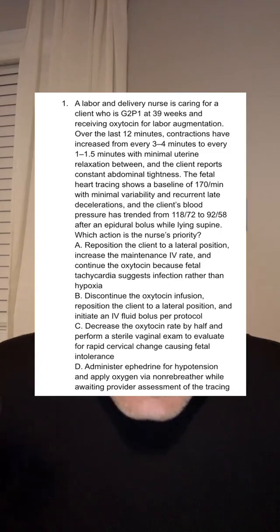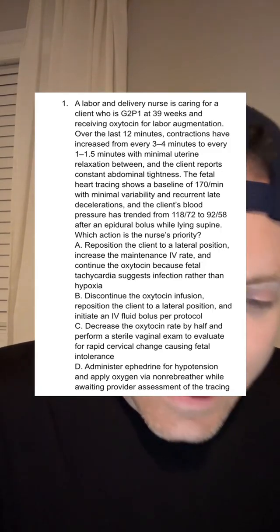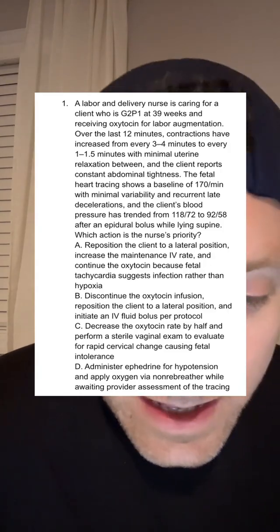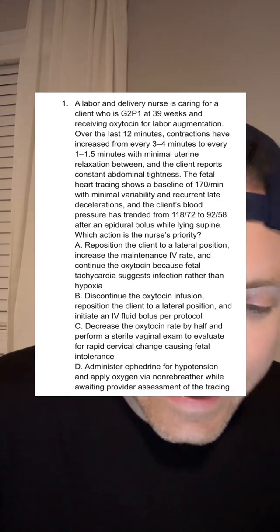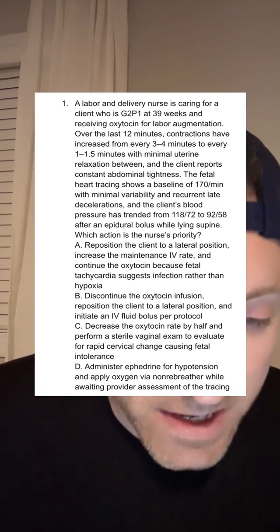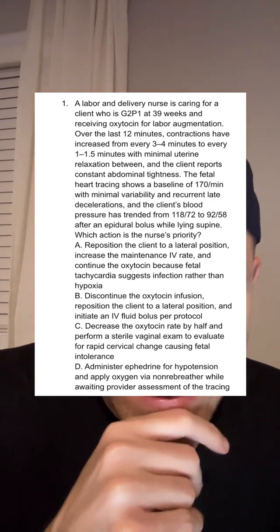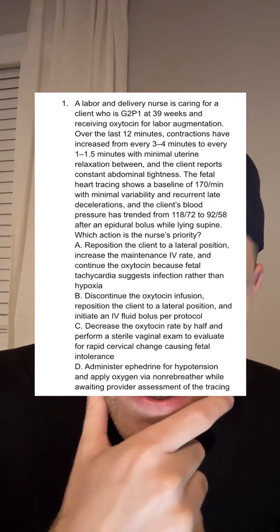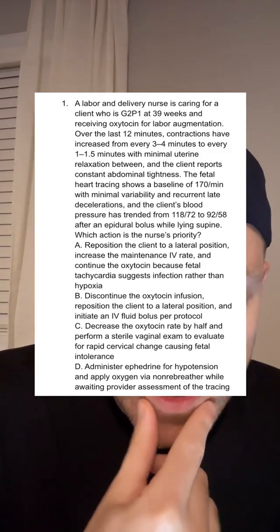So yes, absolutely. The answer is B. We are going to discontinue that oxytocin, reposition the client, and initiate an IV fluid bolus, right? Because late decels with minimal variability in the setting of uterine tachysystole, and they got that supine hypotension, point to some sort of placental insufficiency, right?